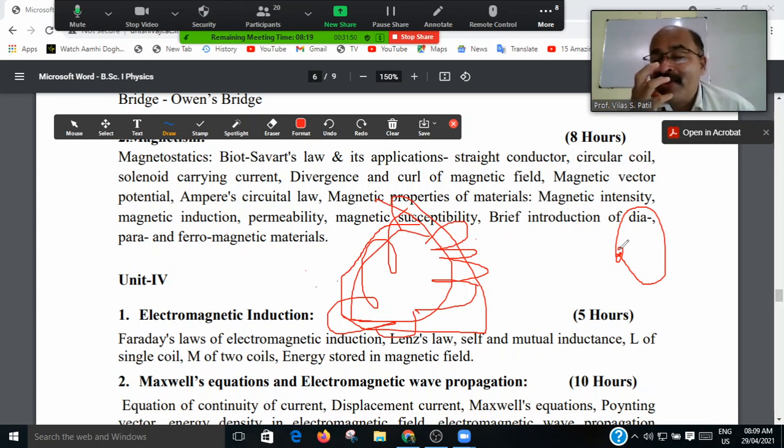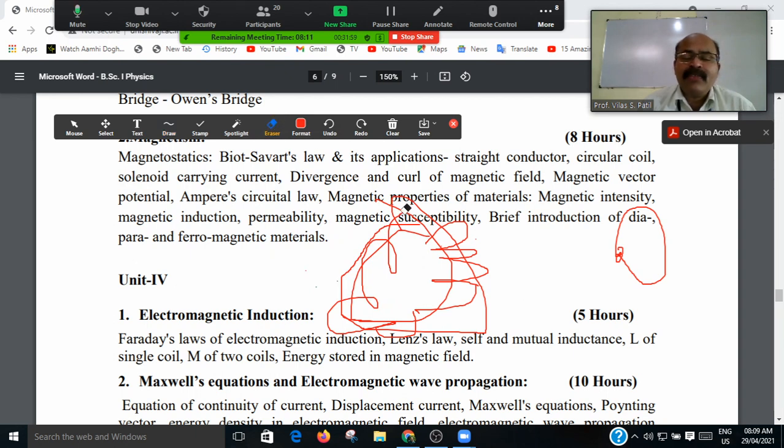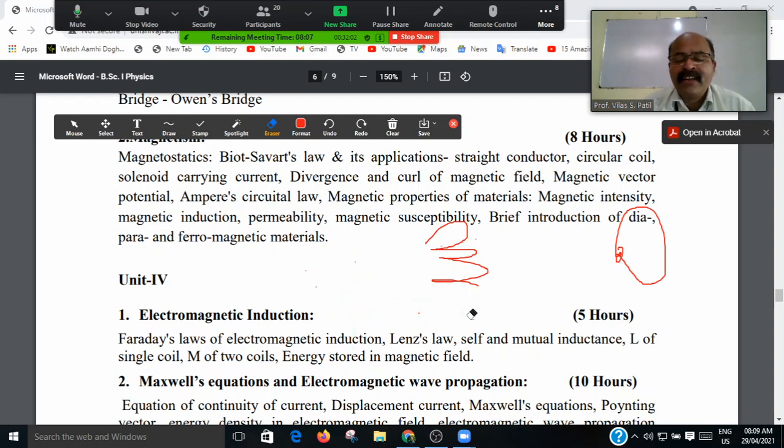That law is known as Ampere's circuital law, or Ampere's theorem. It is famous by the name of Ampere.